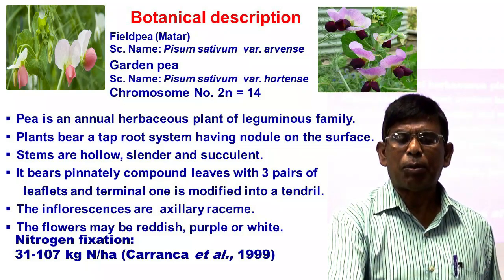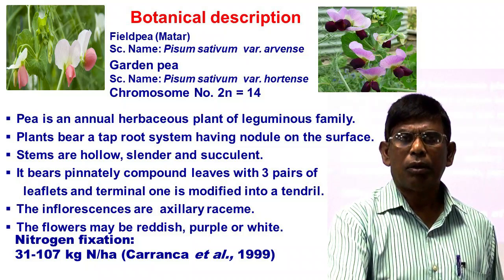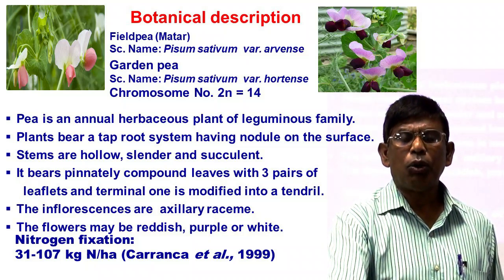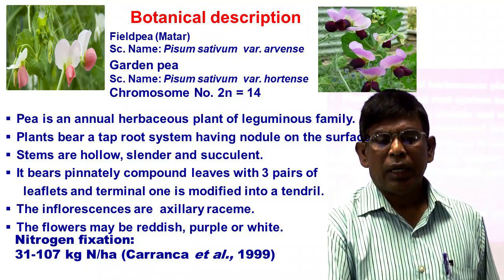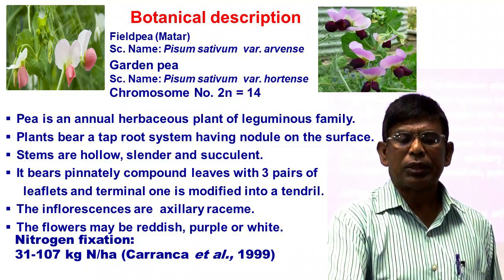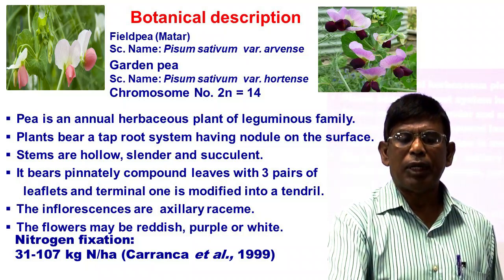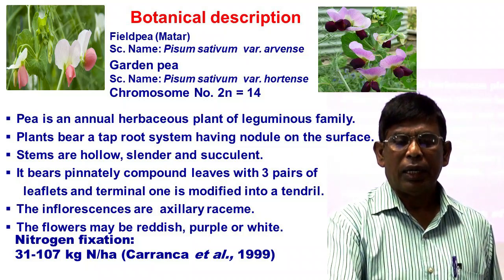The plant bears a taproot system and a profuse number of nodules are found in the root system. Stems are hollow, slender and succulent in nature. Leaves are pinnately compound with 3 pairs of leaflets and a terminal one, which is ultimately modified into a branched tendril.